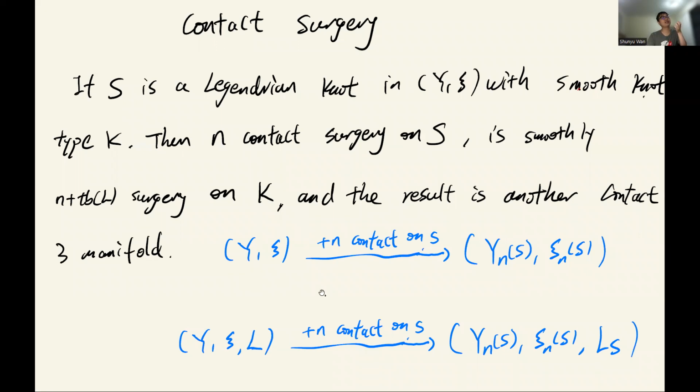Then one can ask: under this map, does the contact invariant of (Y, ξ) map to the contact invariant of Y_n of S, ξ_n of S, and does the LOSS invariant of L map to the LOSS invariant of L of S? The first answer is yes, and the second answer is the theorem of the next talk. Thanks for listening. See you in part 2.